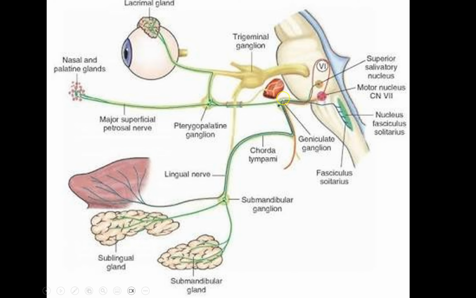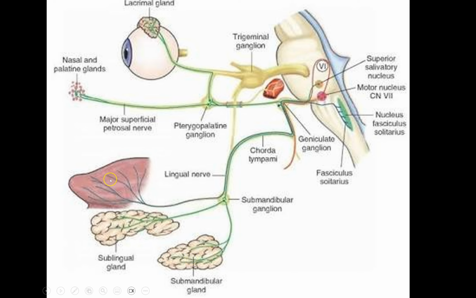The parasympathetic pathway of the facial nerve: nucleus, two pathways, two ganglia, and effector organs: lacrimal gland, nasal mucosa, sublingual and submandibular salivary glands.